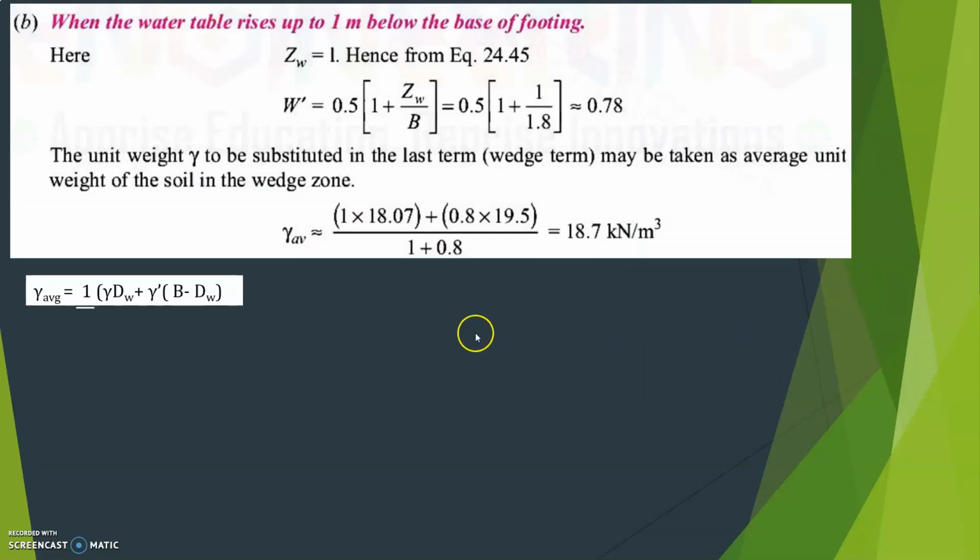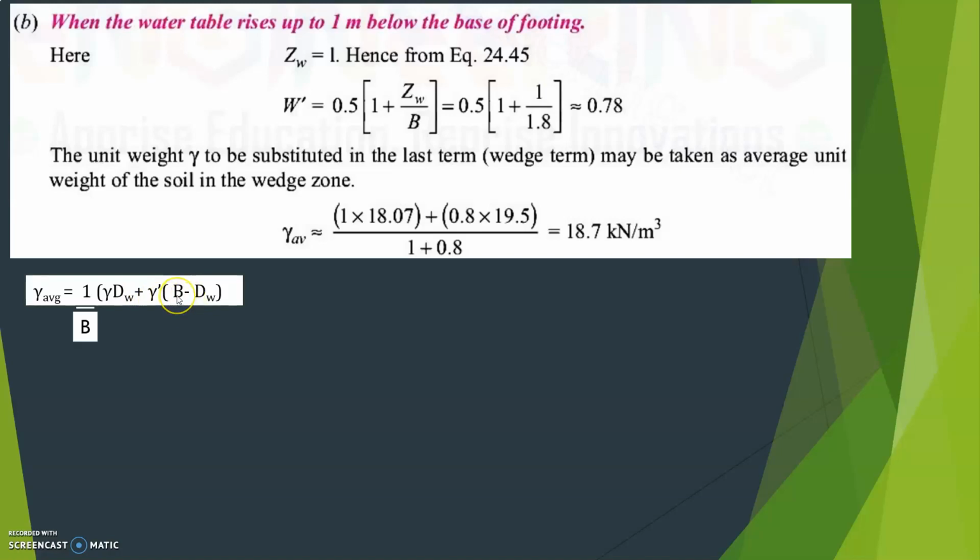How to calculate gamma average? I have given that formula. Gamma average is equal to 1 divided by B into gamma dW plus gamma dash into B minus dW. So calculate gamma average, substitute, we get gamma, that is 18.07 into dW, depth of the water table, that is 1, plus gamma dash, the saturated unit weight, that is 19.5, into B minus dW.